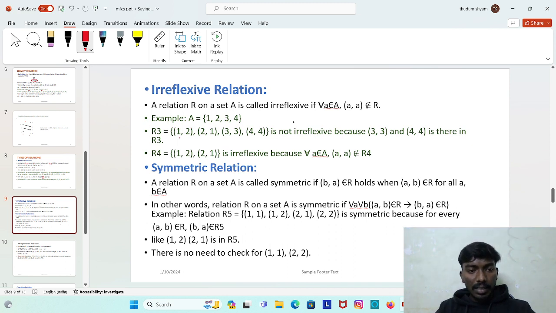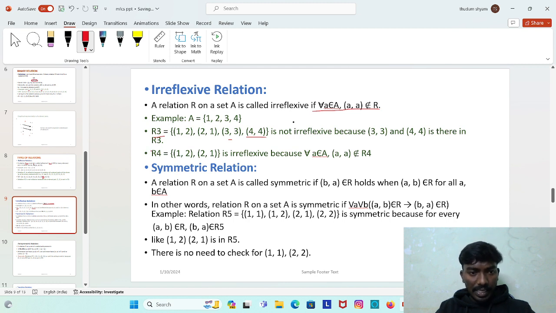Here the relation R3 is equal to (1, 2), (2, 1), (3, 3), (4, 4). It is not irreflexive because (3, 3) and (4, 4) belong to R3. Here we are saying that (a, a) should not belong to the relation, but the relation contains (3, 3) and (4, 4), so it is not considered an irreflexive relation.